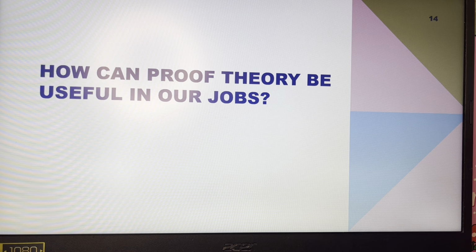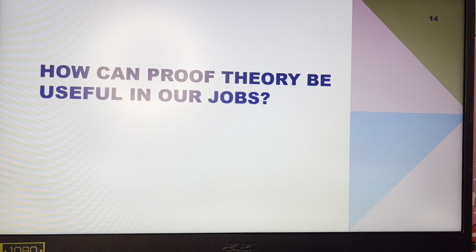For example, in software development, proof theory helps create reliable software by ensuring that a program behaves as intended. Imagine a program that controls a self-driving car. Proof theory can help guarantee that it follows traffic rules and avoids accidents.